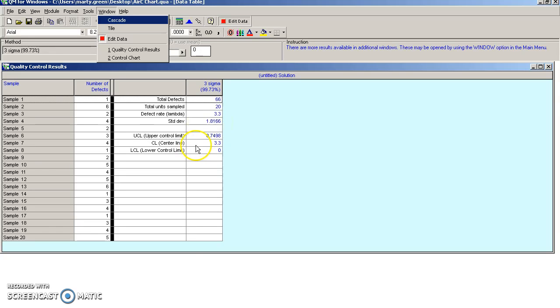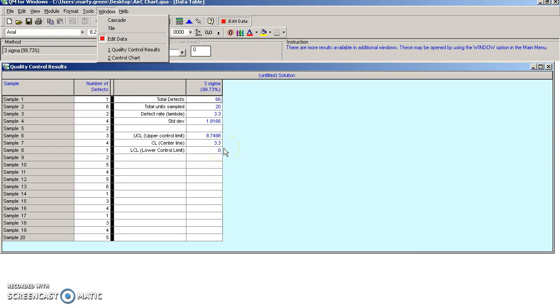It also runs our upper control limit, and you'll recall we have the equation for C charts: the upper control limit is equal to our center line, C, the average number of defects, plus 3 sigma, at 99.73 percent, times the square root of our center line or our average. You can do this by hand, or you've got the upper and lower control limit right here.